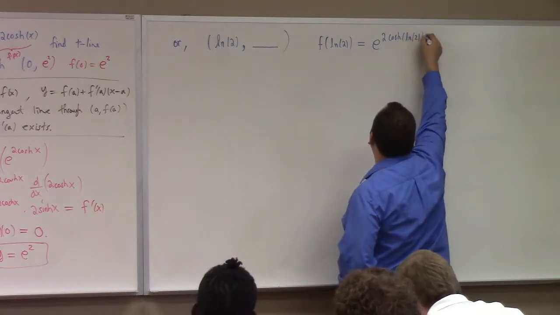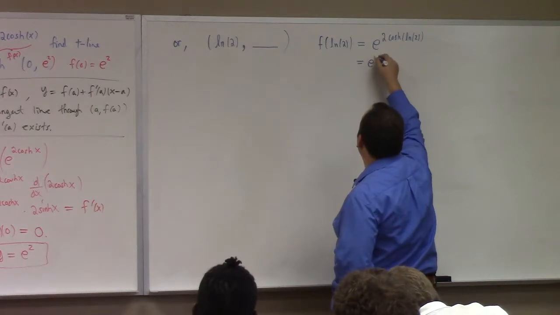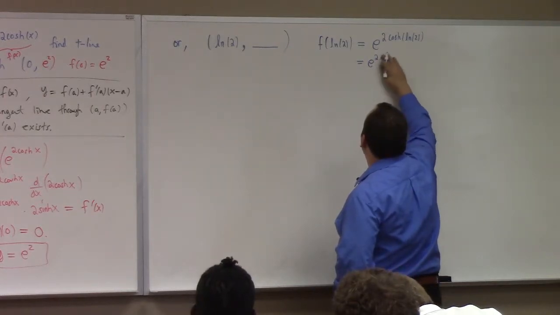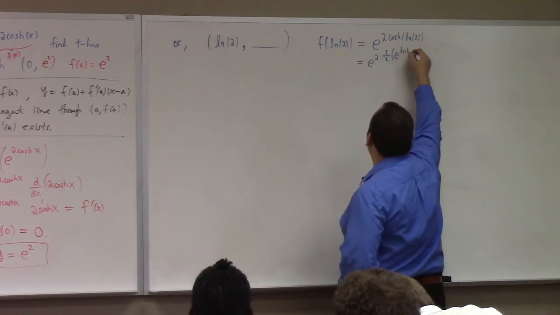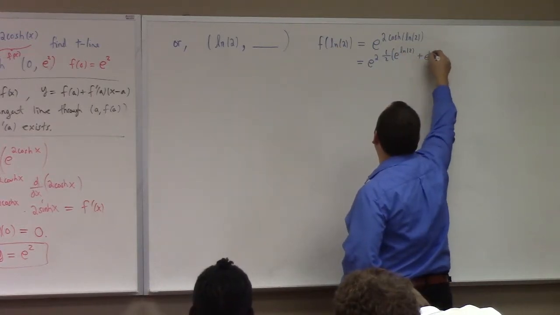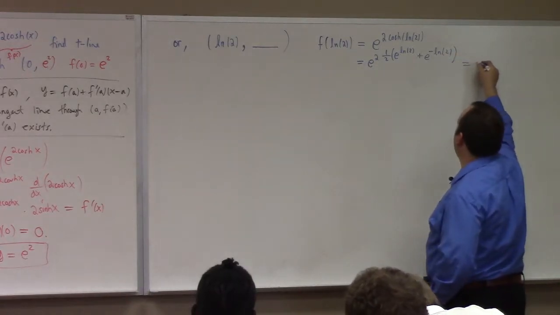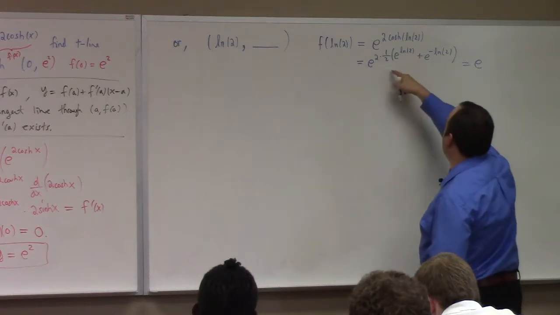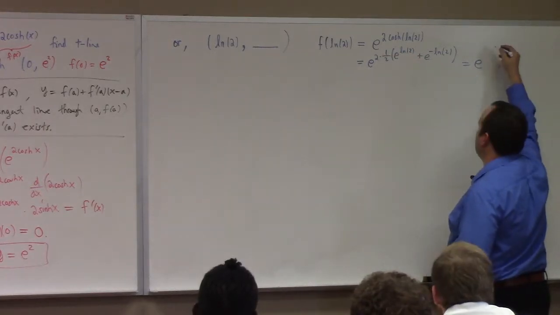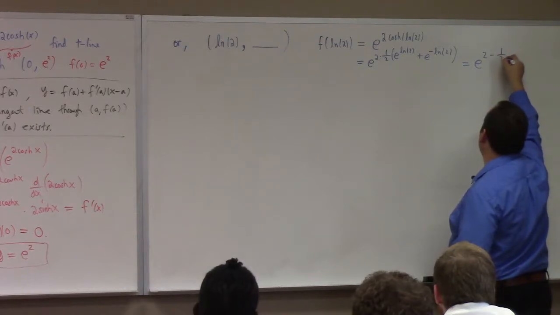Should you need a calculator to calculate this? You should not. What is the cosh of natural log 2? Yeah, this is 1/2 times e to the log 2 plus e to the minus log 2, which is what? These halves and 2's cancel.